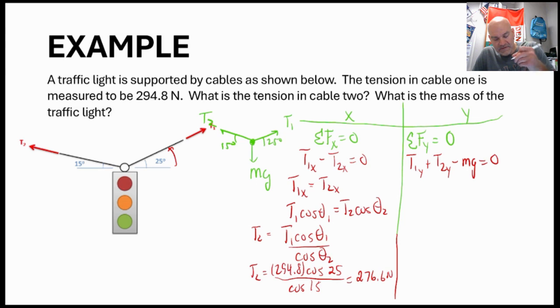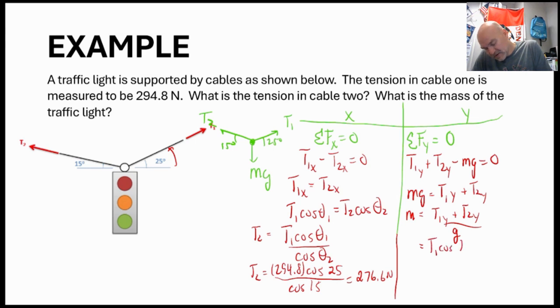Okay, now I go over to the y side and I need to start solving this for mass. So mass is going to be T1y plus T2y over g. So T1 cosine theta. You can see these become essentially mathematically systems of equations. I need to solve one in terms of the other.